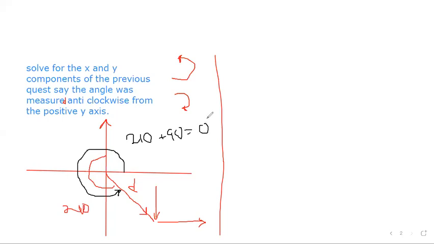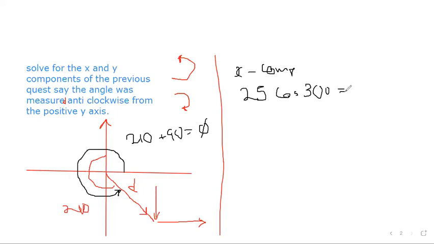Let's call this angle phi. If we call this angle phi, our x component will be the magnitude, which was 25, cos 300. 210 plus 90, that will give us 300 degrees.